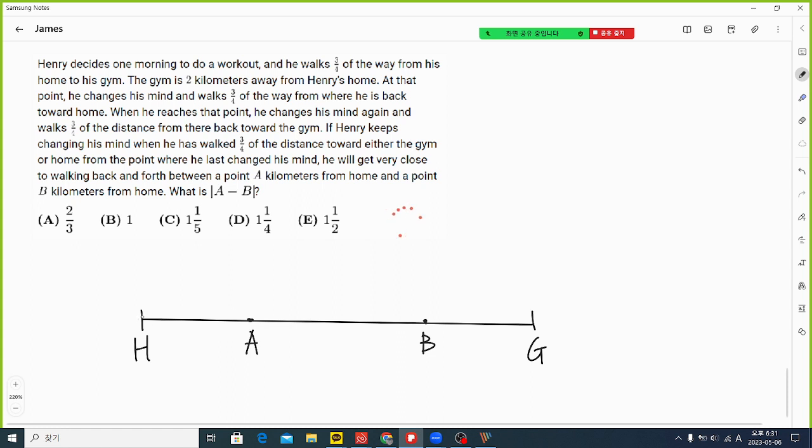So if we say the distance between home and A is x, the distance between A and gym is 2 minus x, because the total distance between home and gym is 2 kilometers.